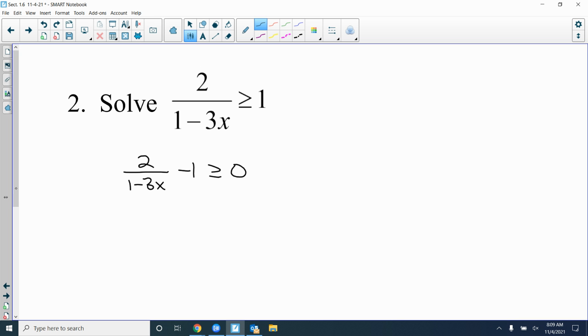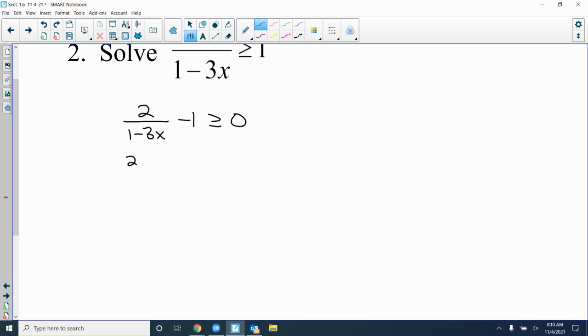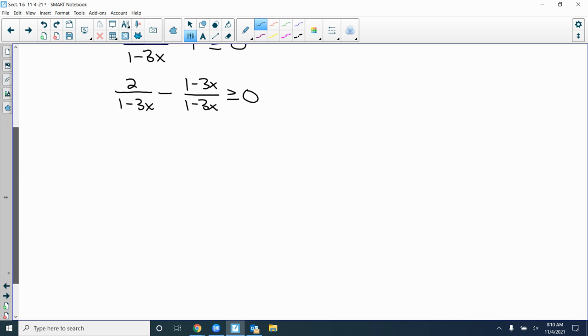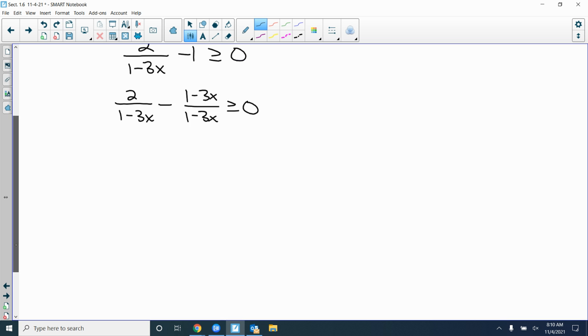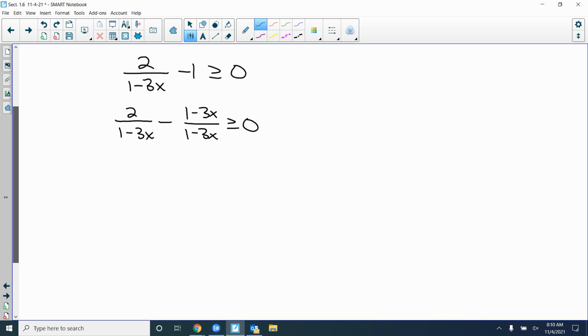So this is what happens here. It becomes 2 over 1 minus 3x minus 1 minus 3x over 1 minus 3x, greater than or equal to 0. There it is. Now I'm going to take an extra step. Some of you might do this all in one, which is fine.